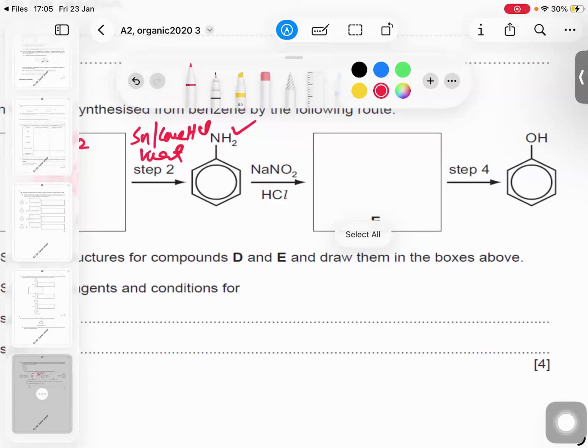Can you identify E? What do you think? You can look at the phenol. Instead, it is before the preparation of phenol. Aries, you can't figure it out? Ayla, are you there?